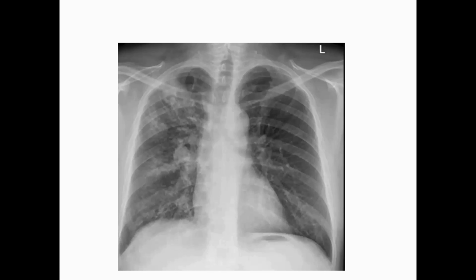Here's another example. This patient came with chronic cough, hemoptysis, weight loss. Okay? If you compare both zones, how are you going to interpret this?